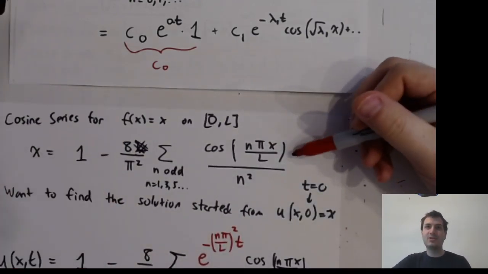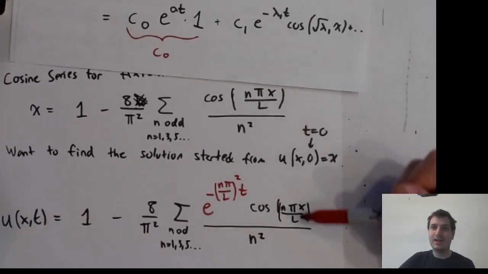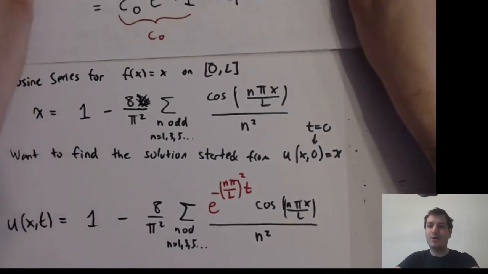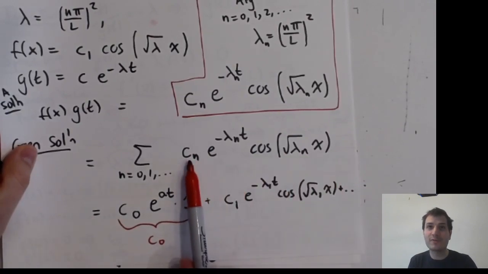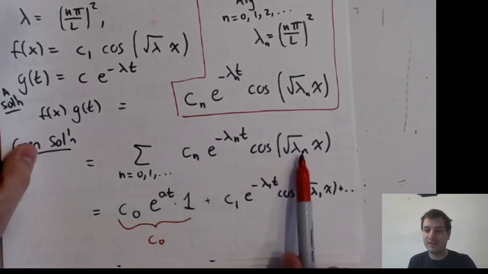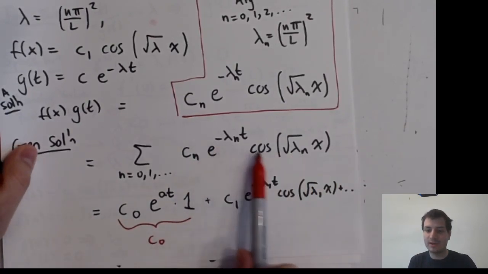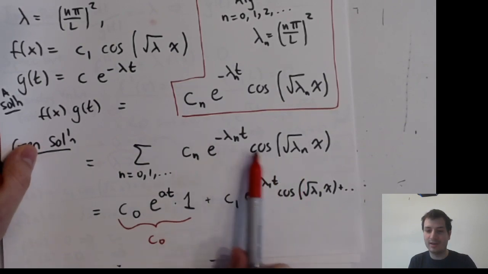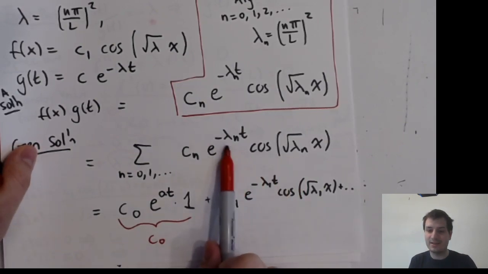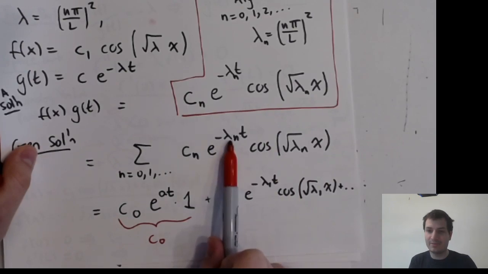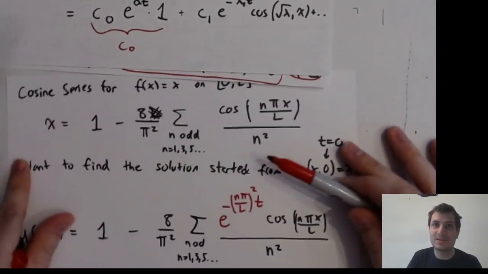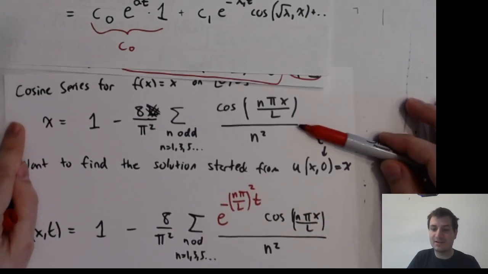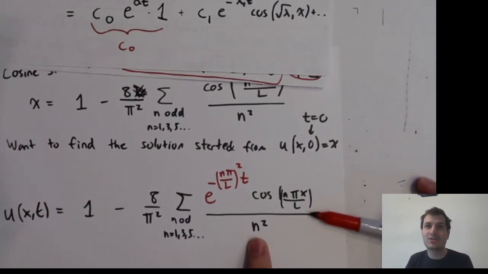So to get from the initial condition to the solution, knowing the pattern, because we found the general solution, we know the solution is a coefficient, this exponential, and this cosine, and we know the relationship between the cosine and the exponential is like this, the square root of lambda n and lambda n, where lambda n was this thing. I can recognize that immediately from this initial condition we did before, this cosine series, and so I can find the general solution. It just looks like this.